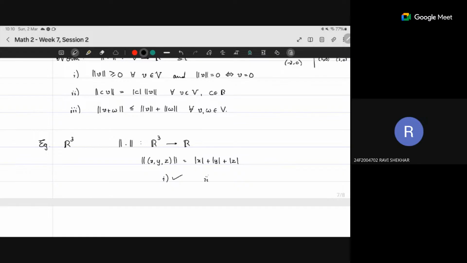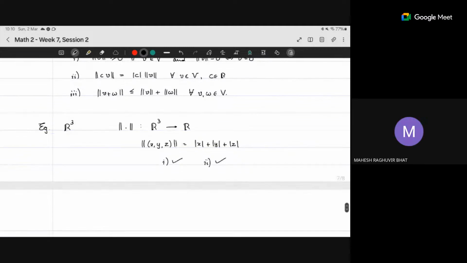Now the second condition: if I take c times a vector, I'll get a c over here, a c over here, a c over here, and that mod comes out. Mod c you can take common, and the second condition can be verified. Is that okay? Oh, yes, sir.